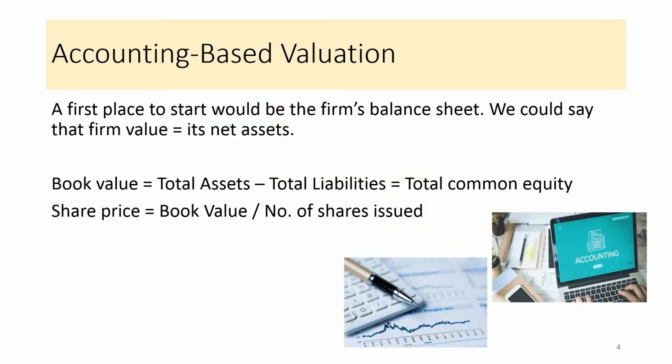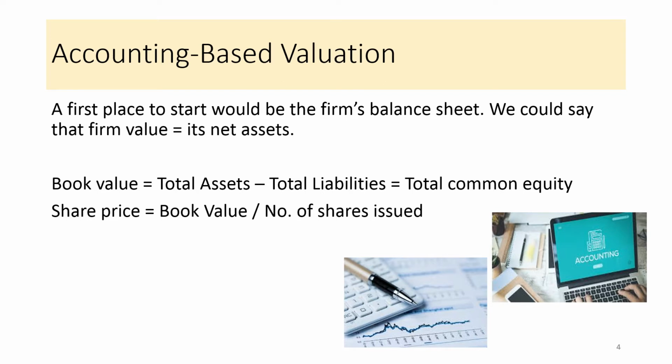A first place to start the common stock valuation would be the firm's balance sheet. Each quarter, the company publishes a balance sheet which lists the value of the firm's assets and liabilities. Book value of equity is the difference between the value of the assets and the liabilities.